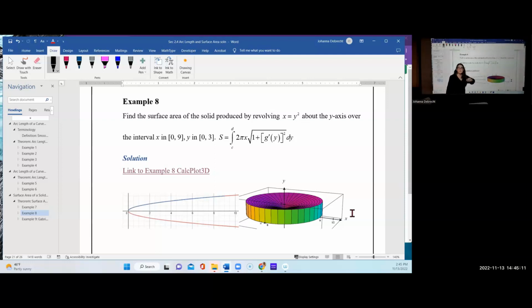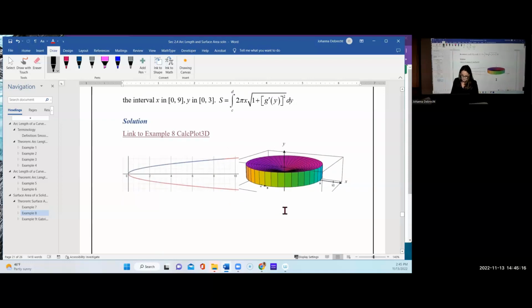Now we want to apply our formula. So let's go ahead and make note of everything we have and apply our formula. So we'll start with the arc length again. So we're going to find g prime first. Notice that this time we're going with respect to y because we're revolving around the y. So it makes more sense to write it as a function of y instead of a function of x.